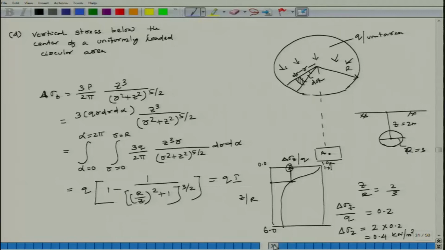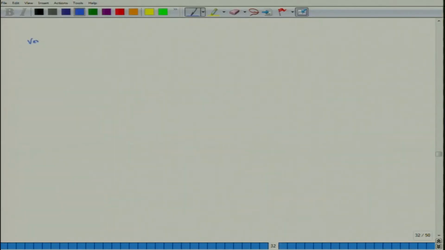Then come to the vertical stress by a rectangular loaded area. So, look at the figure here.